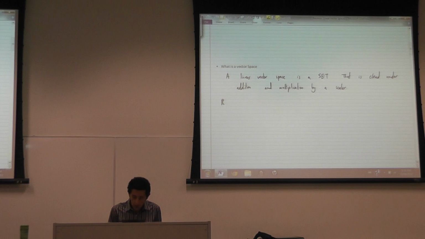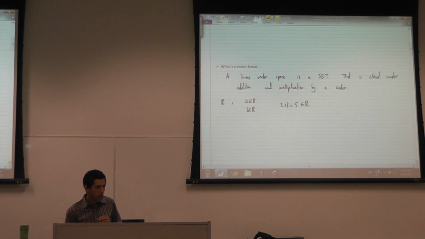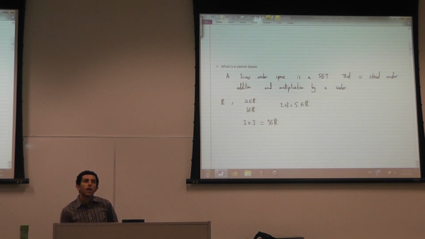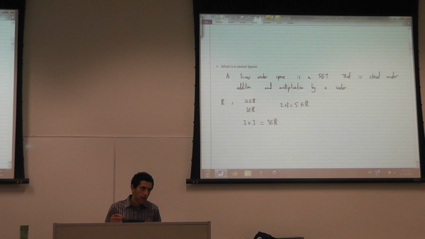R is a linear vector space because if I have 2, a real number, and 3, a real number, and I add 2 plus 3, I end up with 5, which is another real number. Because I'm staying inside the box, I call this closed under addition. If I multiply any number by any real number, I get another real number, which means I'm still inside the box, so the set is closed under multiplication by a scalar.